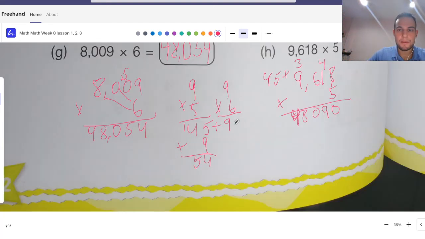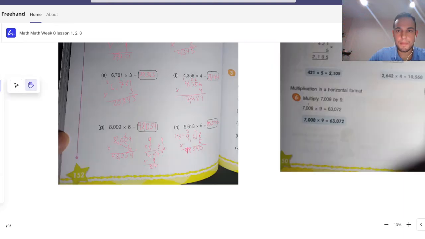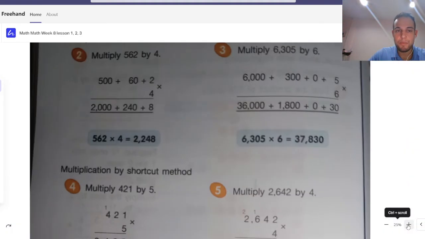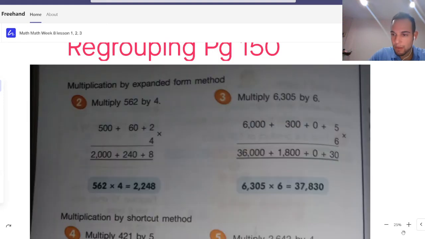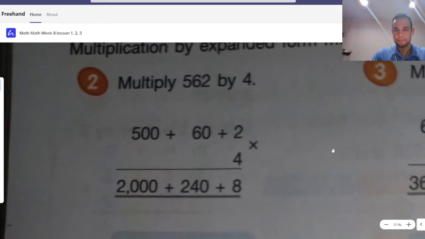Now let's go over our new work. All right, so we're going back to regrouping. And this time we have the expanded method of regrouping. So let's take a look at how we do that.